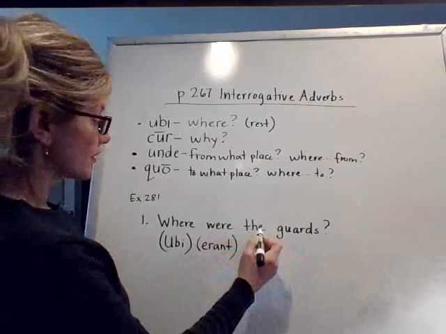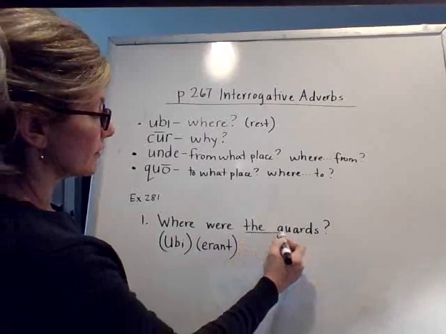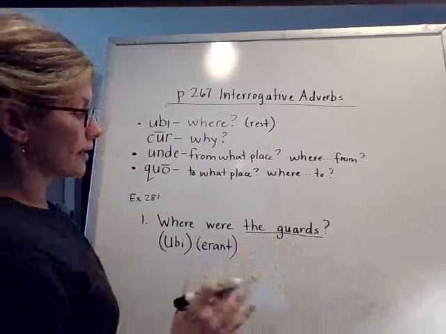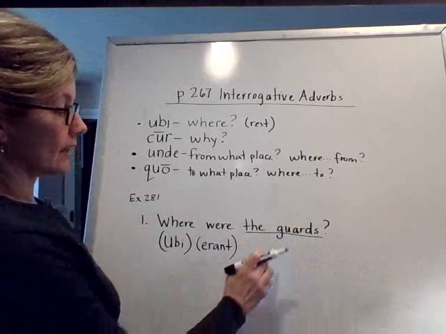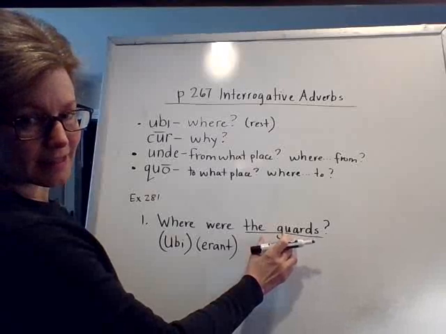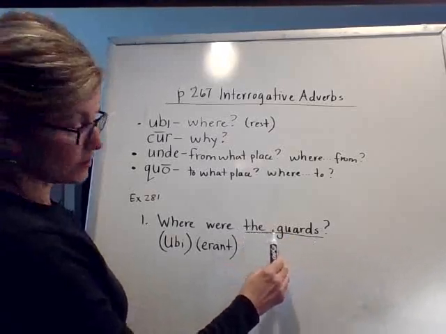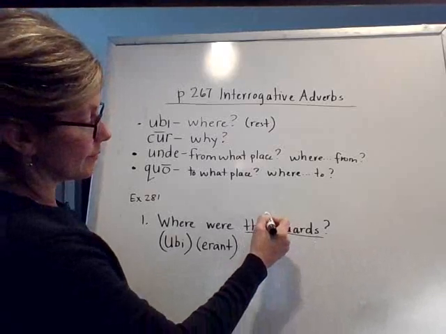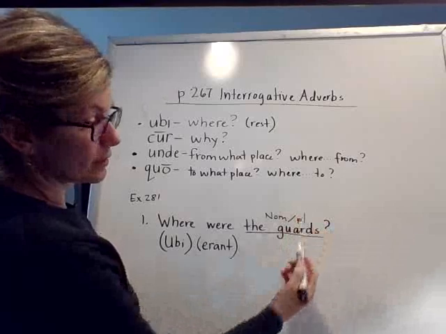And the guards, so when you're thinking about the guards, we're going to rearrange this question for the purpose of knowing what case this is in. We would say the guards were where. So the guards is in the nominative, and we see that it is plural.